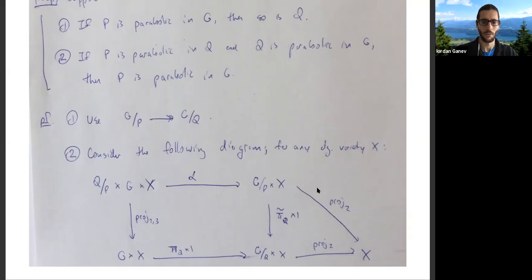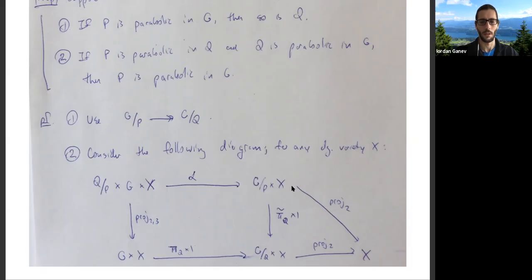In order to do this, we add all these embellishments here. We first think about this projection map as factoring through first taking the quotient by Q and then projecting to X. P is contained in Q, so we can take a further quotient by Q and then project. So this triangle commutes. And we know that G mod Q is complete, so this projection map is closed.